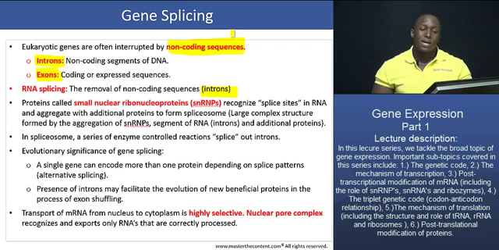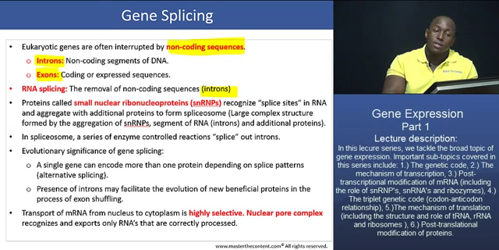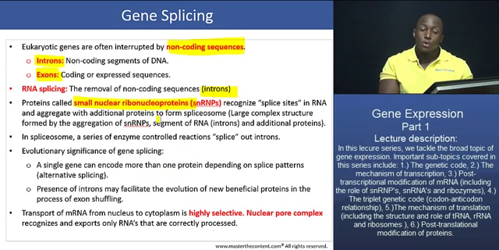So how does gene splicing actually occur? We have proteins that we call snRNPs. What that abbreviation stands for is small nuclear ribonucleoproteins, somewhat of a complex word. These proteins recognize splice sites in RNA, and they aggregate with additional proteins to form what is a spliceosome.